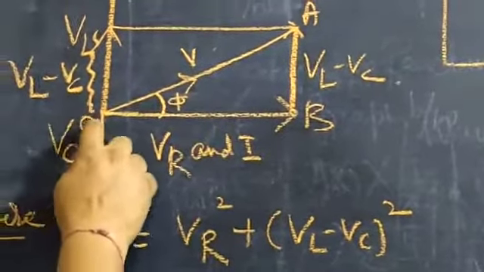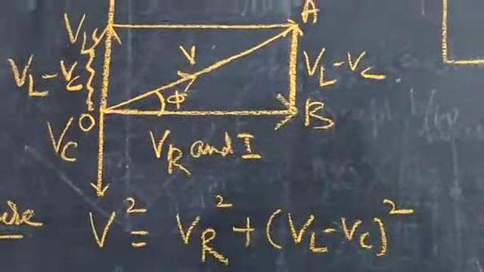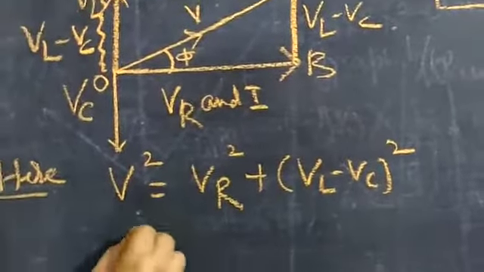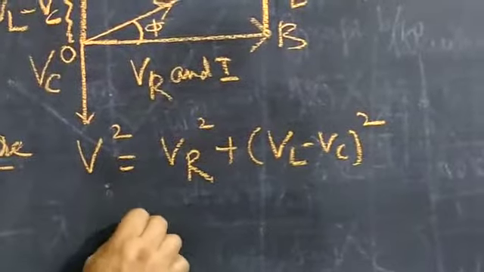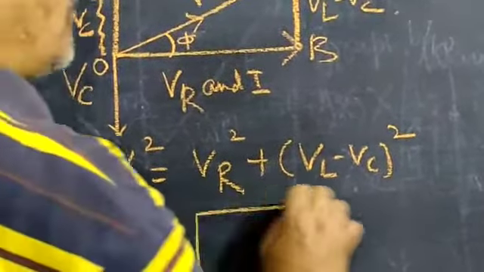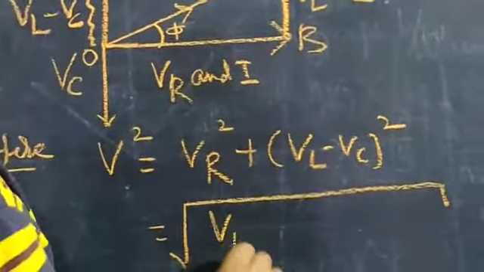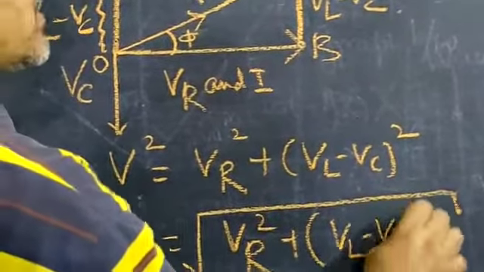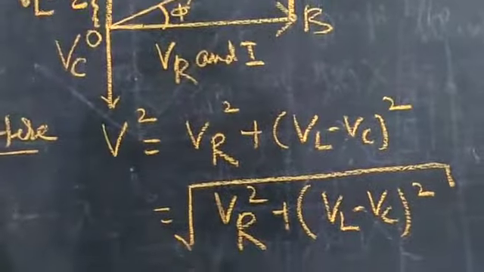As triangle OBA is a right triangle, we are using the Pythagoras theorem, or V equals under root VR squared plus (VL minus VC) whole squared.